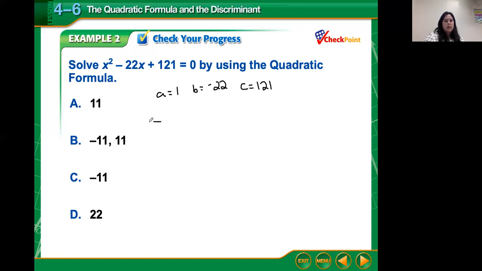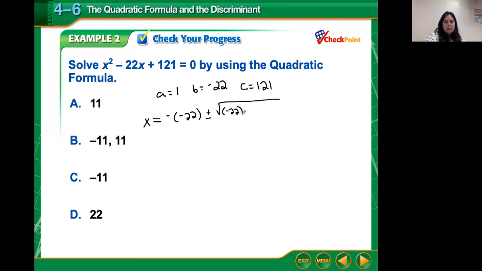So I'm going to do x equals negative b, so negative 22, plus or minus the square root of negative 22 squared.